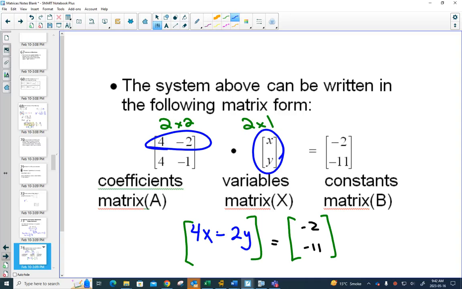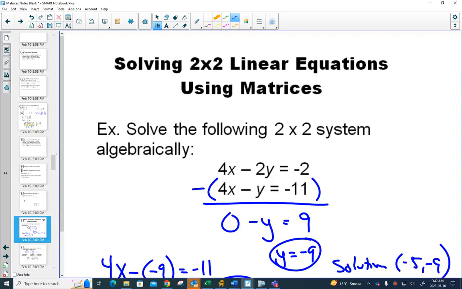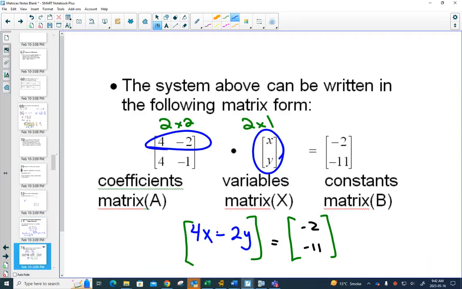Can you see that this is just this equation put into a matrix? That the top one's equal to the top one, and if I multiply the bottom one out, I would get 4x, right? This one, and this one, minus y. We have the same equation, just written as a coefficients matrix and a variables matrix and an answer matrix.